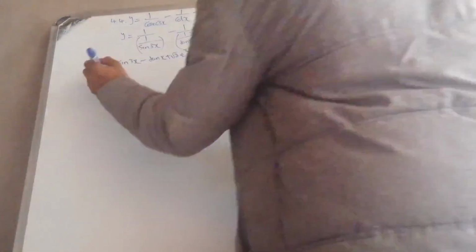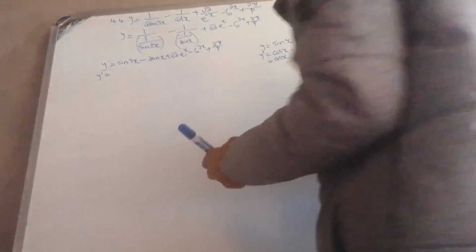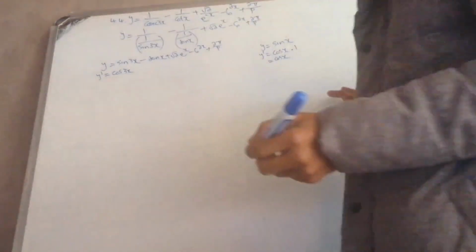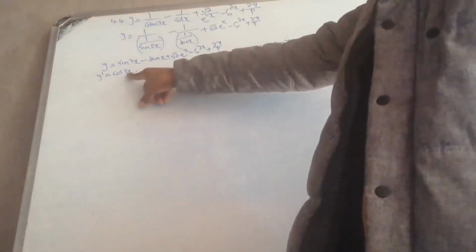Are we fine? Very good. So what I'm going to do, it's the same here. I'm going to say y prime equals the derivative of sine is cos, and I'm going to hold on the angle, which is 3x. Differentiate the angle, the derivative of 3x is 3.